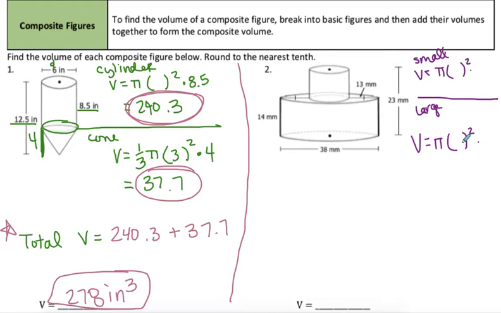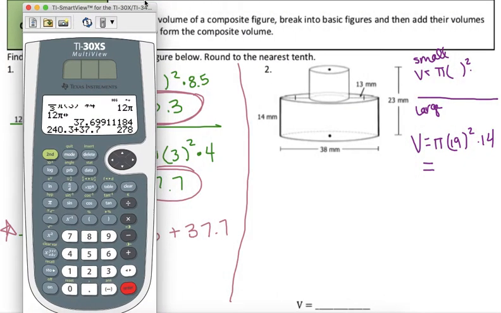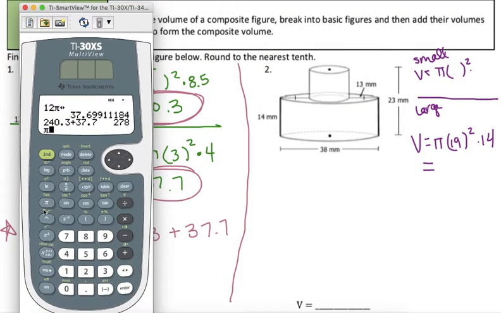So if I cut that in half, I get 19. Okay, so we're rocking and rolling on the large one. We have a height here of 14. So I'm going to go ahead and use my calculator to find the large one since that information was provided. So I'll do pi times 19 squared times 14.